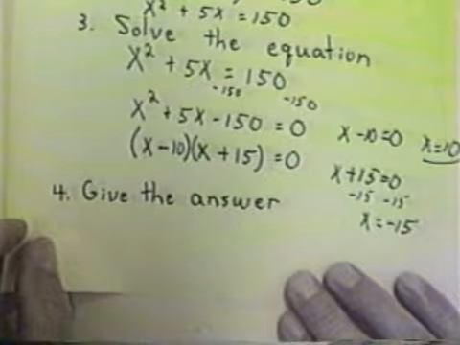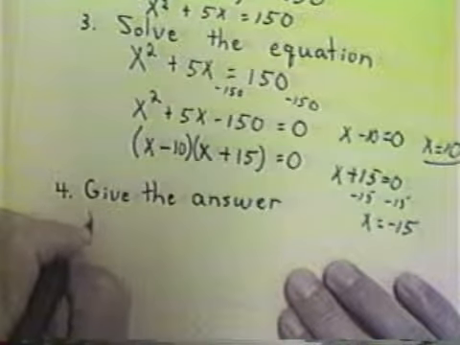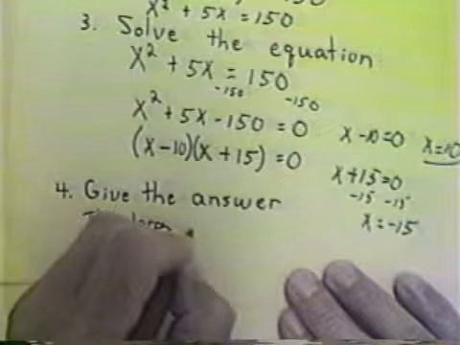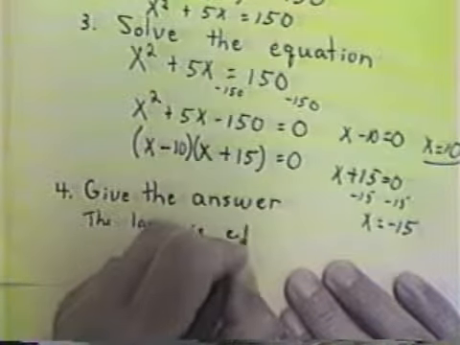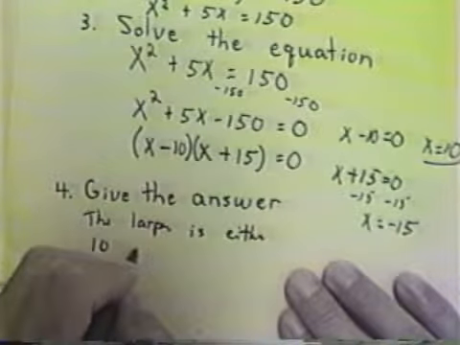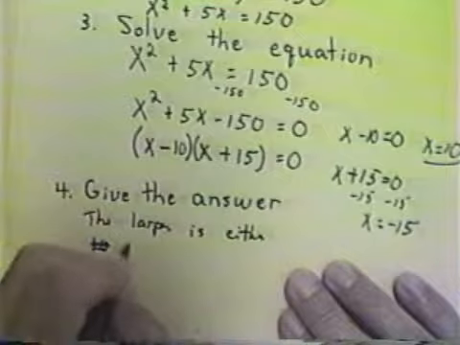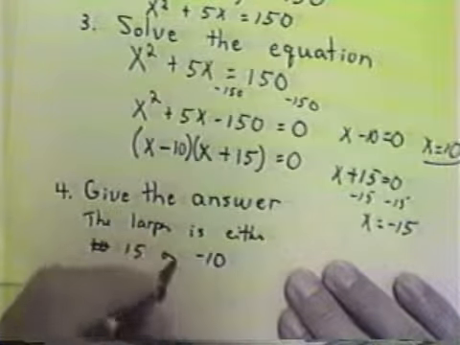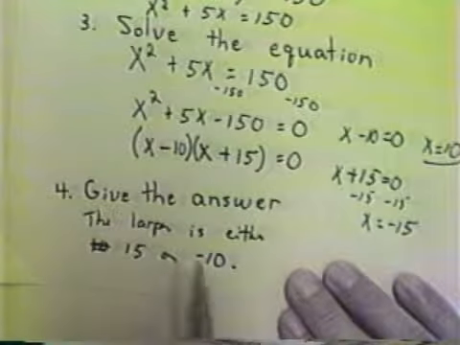So I'm going to write the answer in sentence form. The larger number is either 15 or negative 10. You should have it written on your paper.